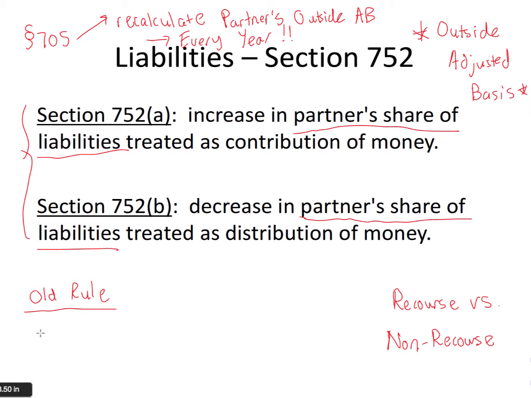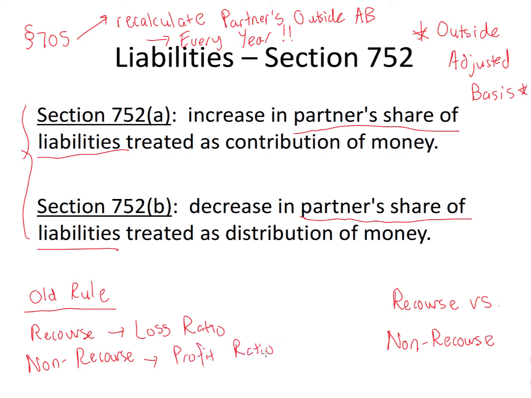That very simple rule was that if it was recourse financing, we simply allocated the partner share of liabilities, let's say a partnership buys property and borrows money from a bank, by looking at the loss ratio, how partners share losses. For non-recourse, we would look at the profit ratio.